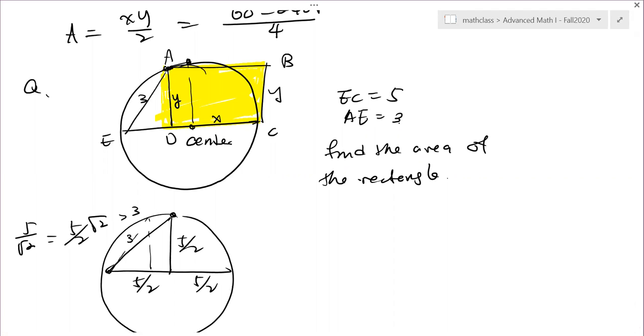We have to use a property of the triangle inside the circle.